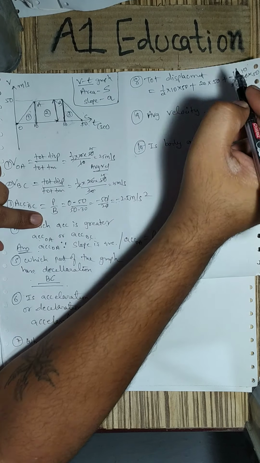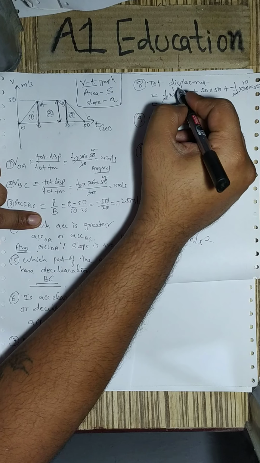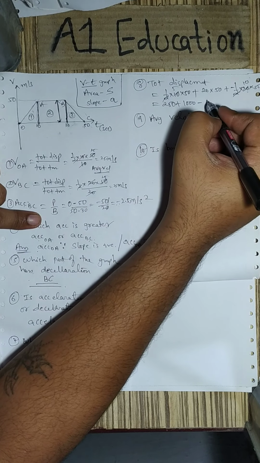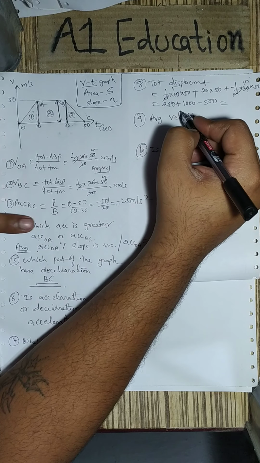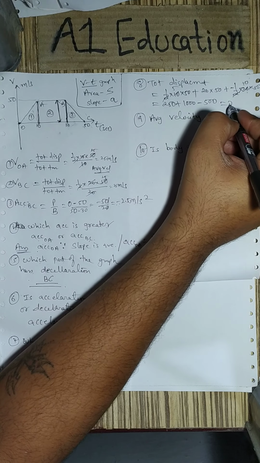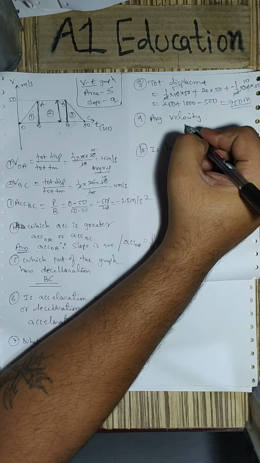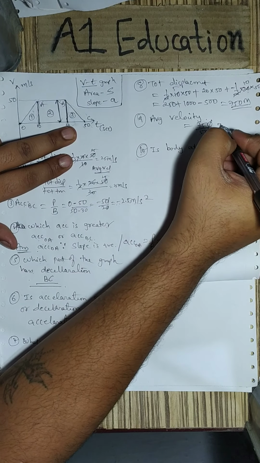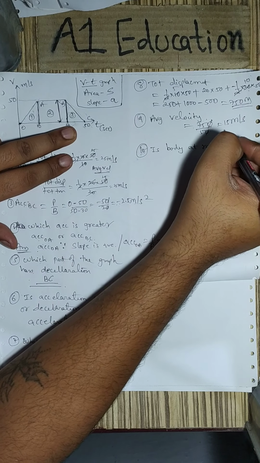So this will be 250 meters, 1000, minus 500. So this will give us minus 250. This is 750 meters, the total displacement. Average velocity will be total displacement upon total time. Total time is 50. So 15 meters per second is the average velocity.